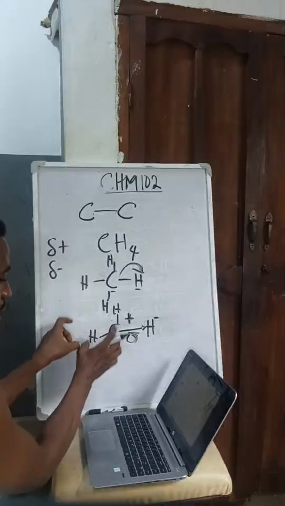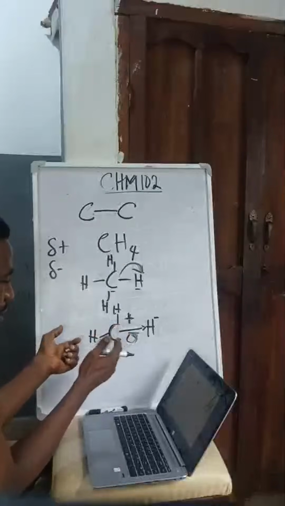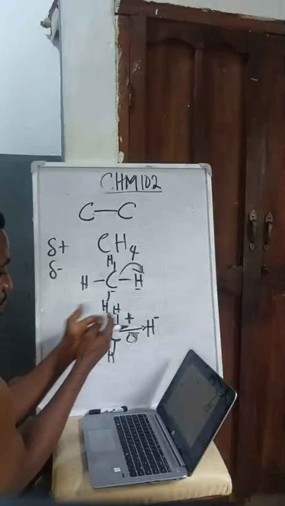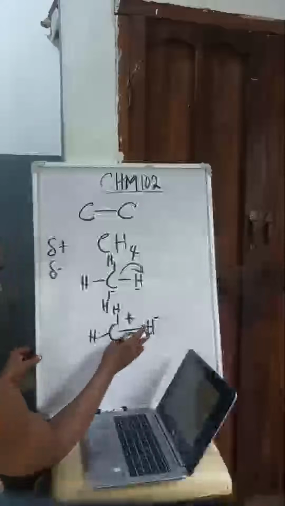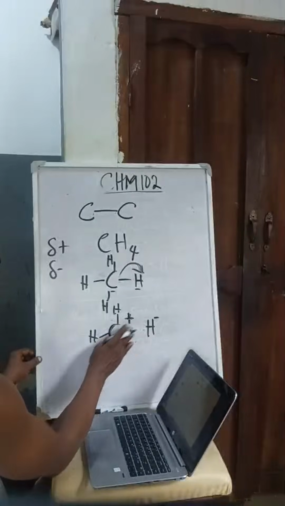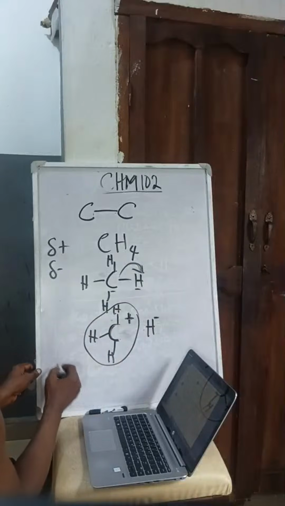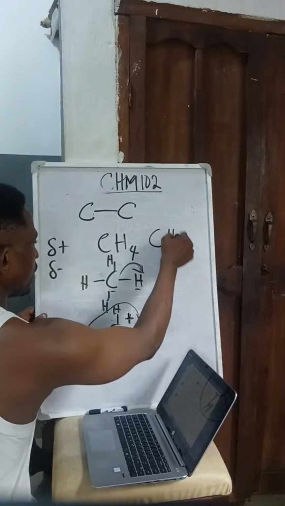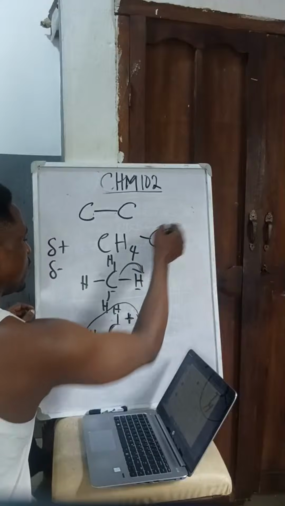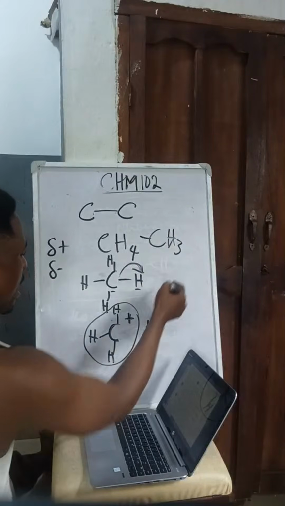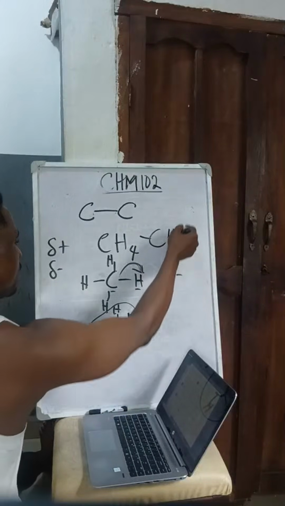Okay? So the part that has positive will become what? Look at it. When you have broken this sigma bond, you have separated them. This has positive, we call it CH3 plus. Okay, this has the positive part, and H minus has the negative part.